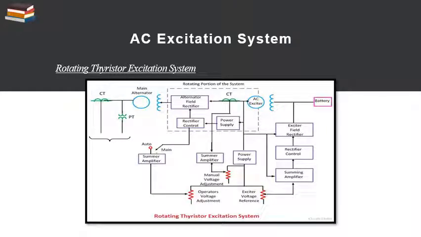This is the block diagram of the rotating thyristor excitation system. In this system, this is the main alternator, this is the field winding and this is the armature winding of the alternator.